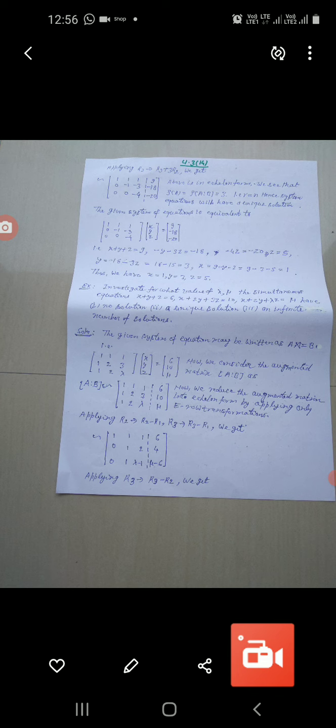Now we consider the augmented matrix AB. In the first row you have 1 1 1 6, in the second row you have 1 2 3 10, and in the third row you have 1 2 lambda and mu.